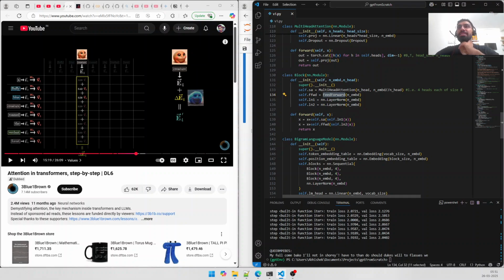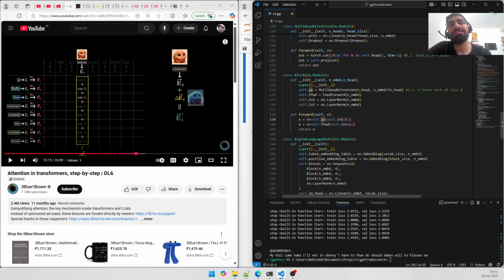Before feeding in this, we just do a layer normalization, so still that is fine. And to the x, we add this self attention. This addition is happening here.